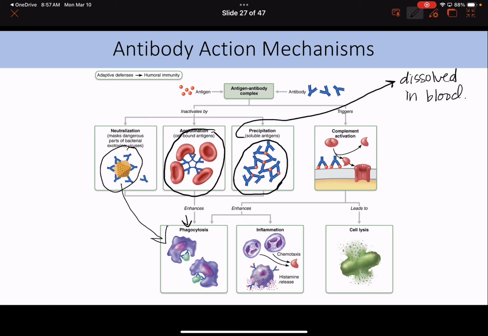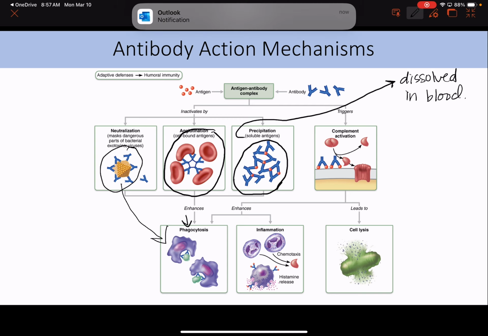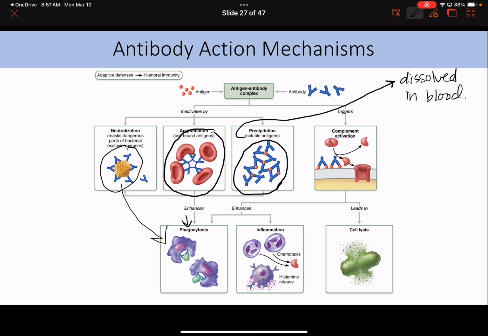So it could be a toxin or a piece of bacterium or something that doesn't belong. But if that foreign protein is dissolved in the blood, it's not easy for an immune cell to pick it out, right? If you have a cup of Kool-Aid, you're not going to be able to pick out the individual red molecules that made that Kool-Aid, right? It's not easy to do.